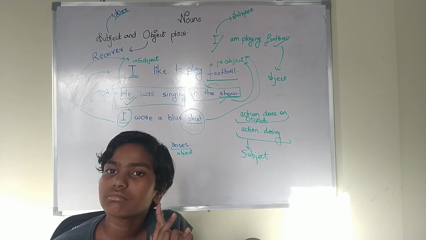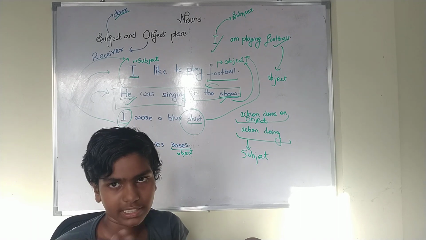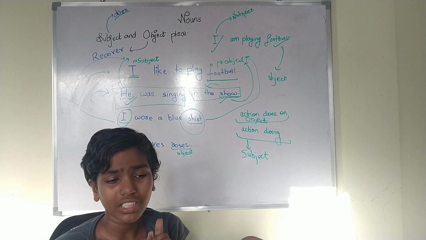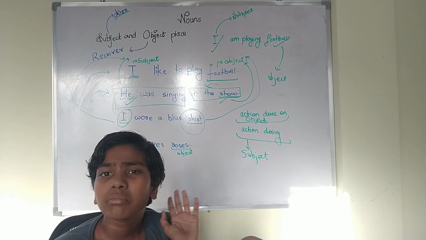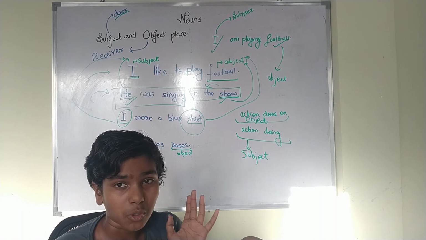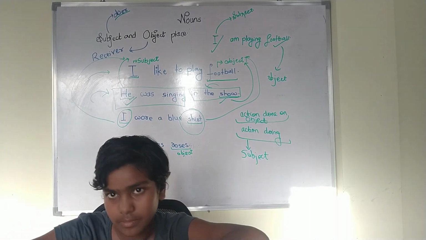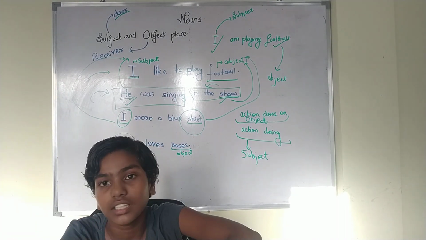And okay, let's not end this here. Let's start with this. I want to tell you what are the types of nouns. 5 major, 10 minor. What do I mean? Taking the 5 major, adding the 5 minor makes 10.